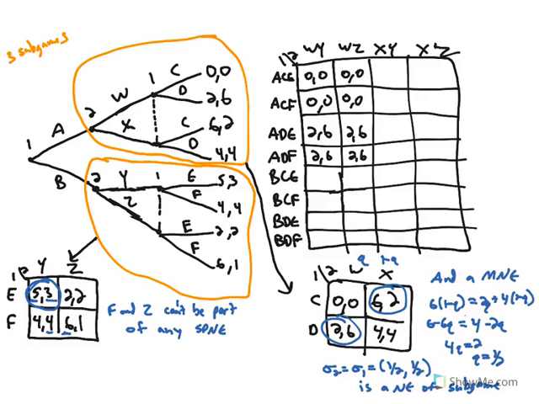If we play A and end up at XC, we get 6, 2. And if we play A and end up at XD, we end up with 4, 4.